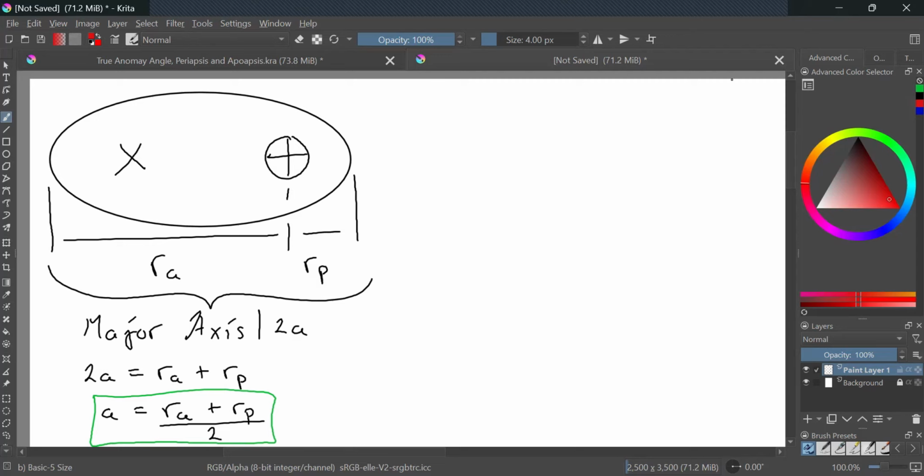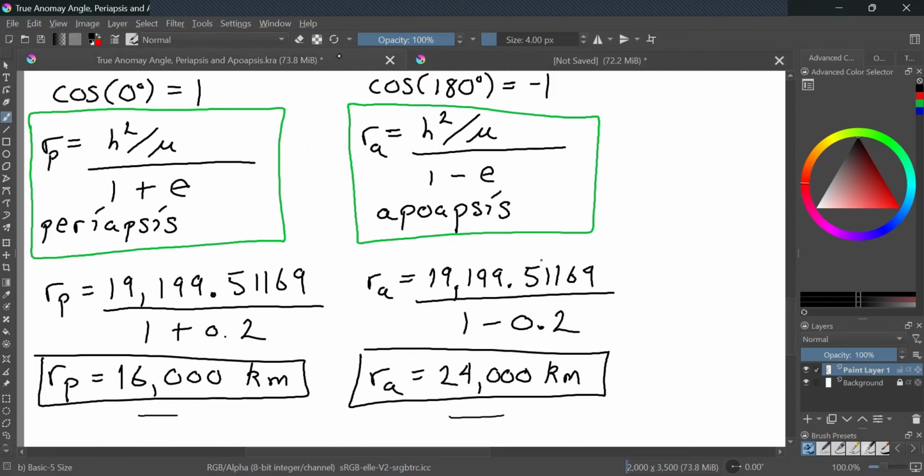So let's go ahead and figure out what the semi-major axis is for the system that we've been playing around with for the whole series so far. A equals, and if I go back over to here, conveniently, I'm already at the spots where we have our apoapsis and periapsis, 24,000 and 16,000 respectively.